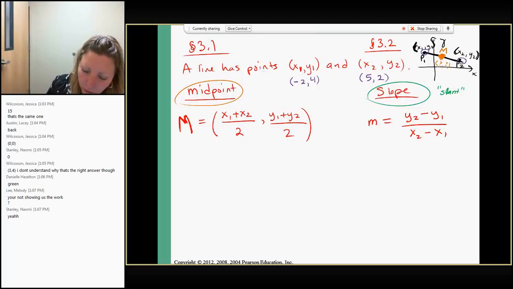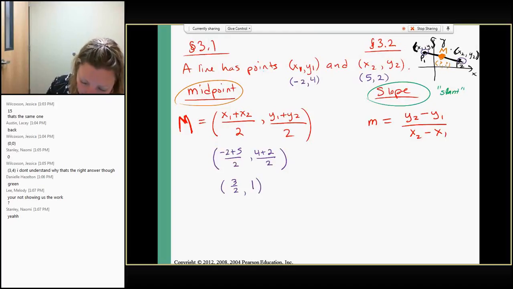So I've got these points over here, -2, 4, and 5, 2, and they want you to find the midpoint. So what you do with the midpoint is you take the average of the two x's. So you add -2 plus 5 divided by 2, comma, take the average of the y's. So you have, in this instance, 3/2, comma, 2/2, which is 1.